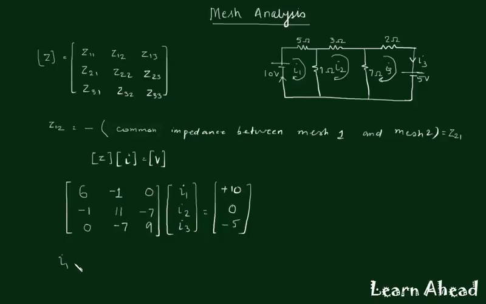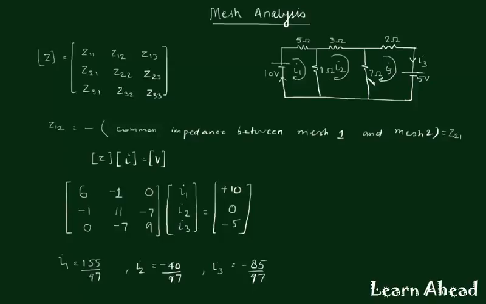In this case, I1 comes out to be 155 by 97, I2 comes out to be minus 40 by 97, and I3 comes out to be minus 55 by 97. This minus sign indicates that the actual current will be in the direction opposite to the direction we have chosen, and similarly I3 will be in the opposite direction to what we have chosen.